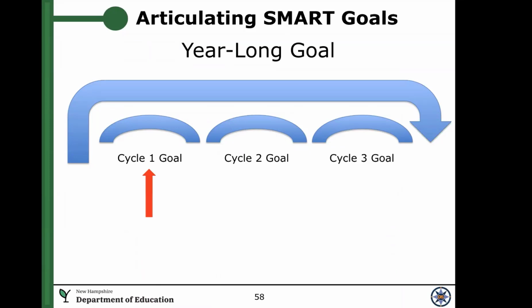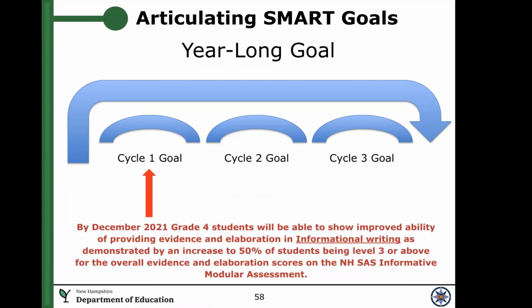When it comes to writing standards and writing for your cycles, if we're looking at evidence and elaboration for the whole year, then perhaps my first cycle goal is going to be on a specific type of writing. So that's what I've created for my cycle goal.